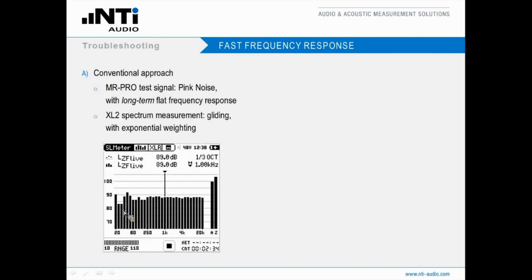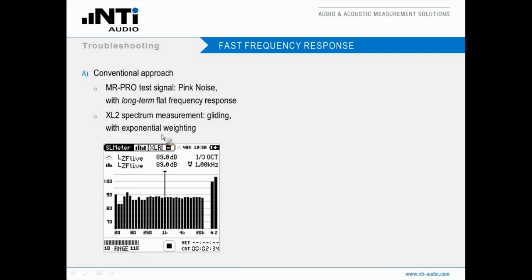So when you measure the pink noise signal, for instance, with the XL2 analyzer, you will see that there are major fluctuations. These bars are jumping up and down. So you will see generally there is a flat frequency response, but in reality, if you want to look at a specific frequency, you might encounter a problem because it's going up and down. Well, the XL2 is measuring continuously.